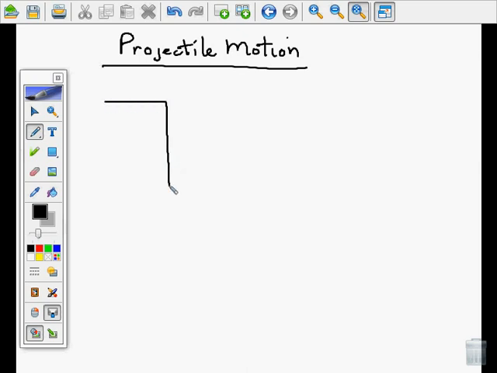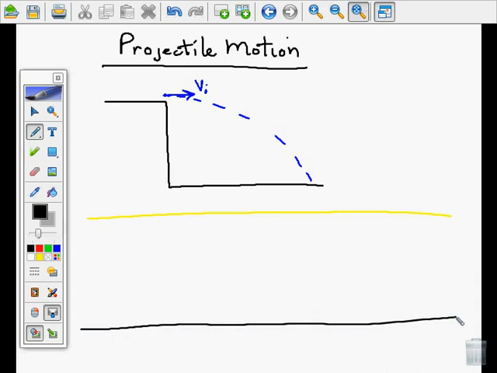A projectile shot horizontally from the top of a cliff, like this, where you're given that initial velocity and you want to predict how far out here it goes and whatnot. And then the other type of problem is where it's down on the ground and it's shot up at an angle, and you want to calculate how high does it go and how far does it go?